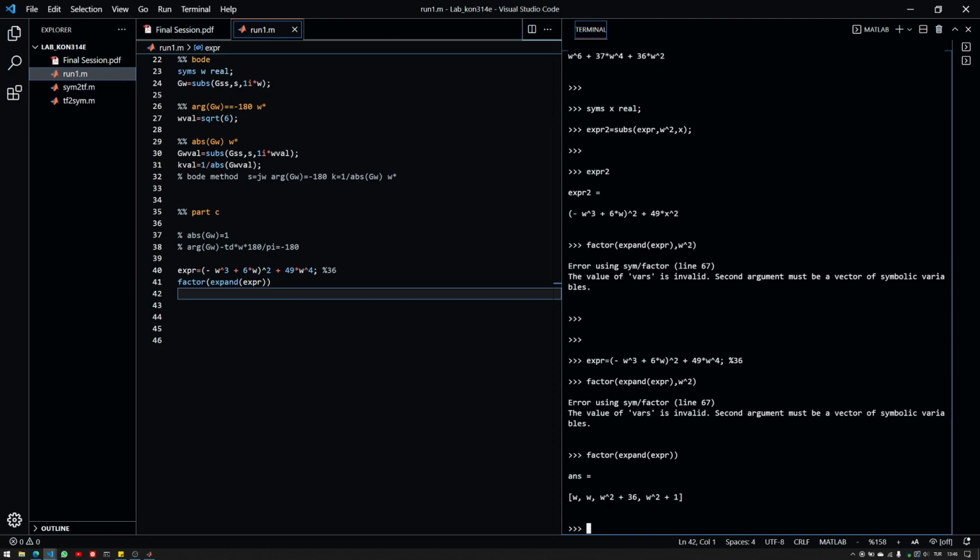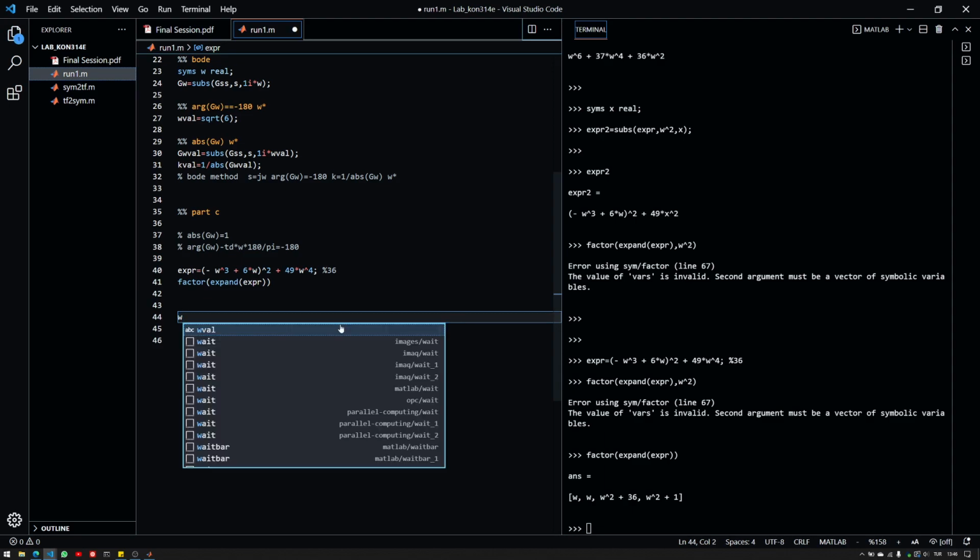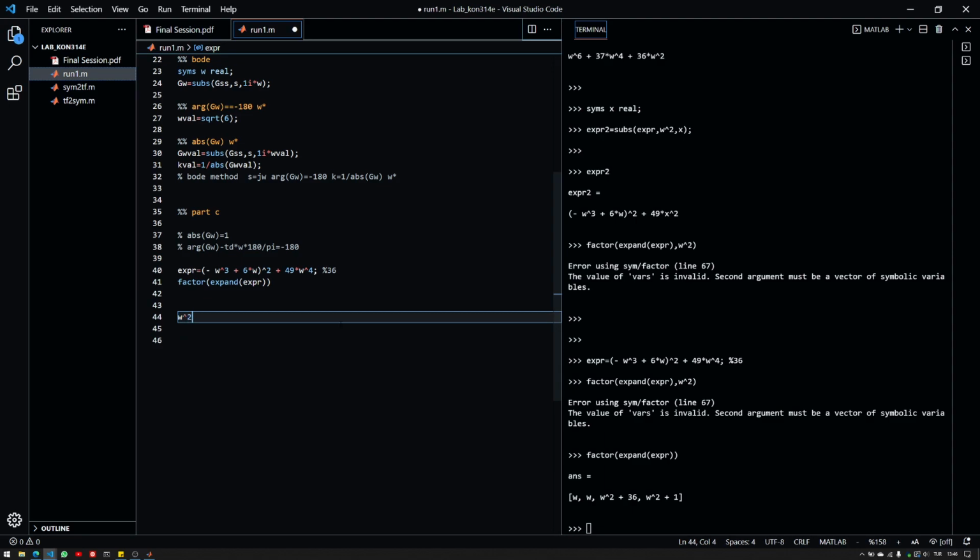Now, this should be equal to 36, so this is basically the same. So omega squared, let's write down omega squared times omega squared plus 36 times omega squared plus 1.